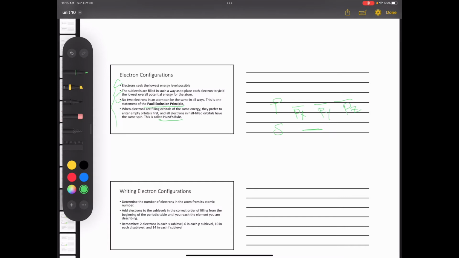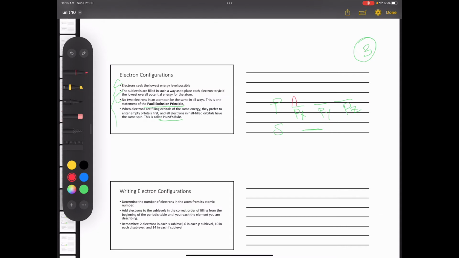So let's say that you have three electrons left that are going into the p sublevel. Instead of going as one, two, three, the electrons would like to sit alone by themselves in every single orbital, unless they have no other option.